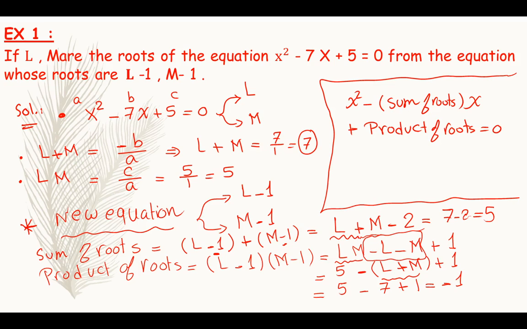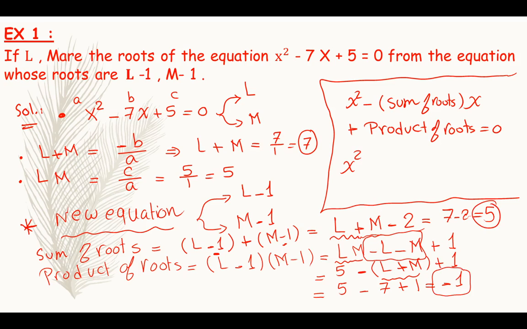So the new equation will be x power of 2 minus the sum of roots of the new equation. The sum of the roots of the new equation is 5, and the product of the roots of the new equation is negative 1.